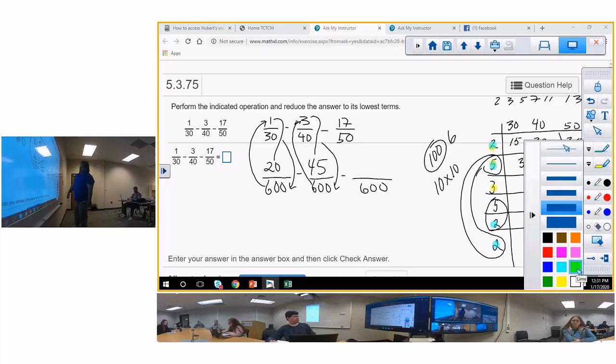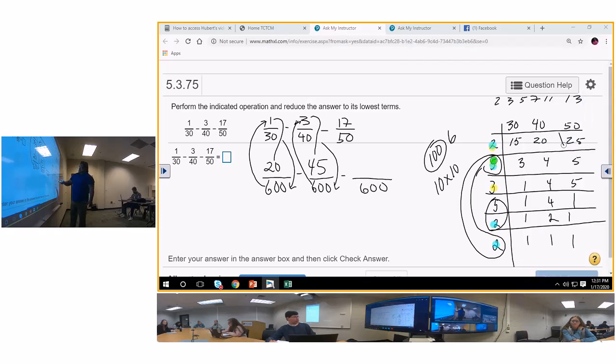Now let's take a green marker and let's take out our 50. What is 50? 5 times what? 10. And what does that leave? 4 times 3, which is what? 12.